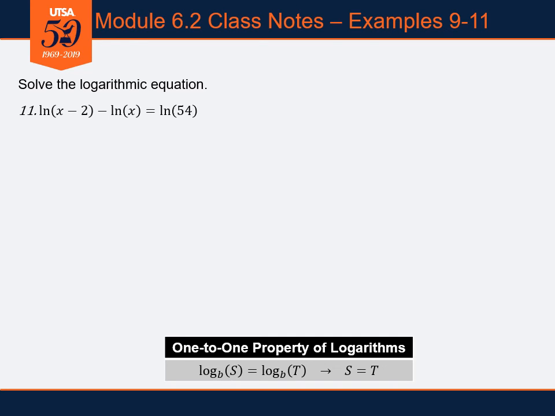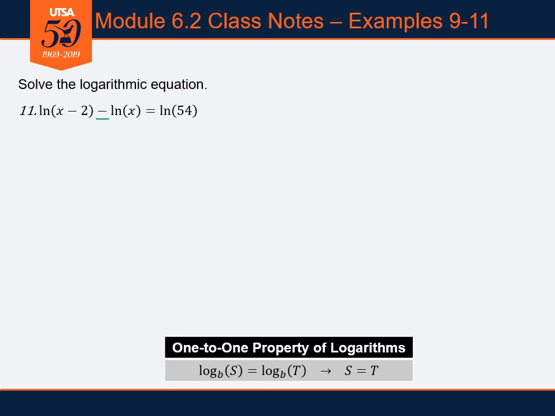We've got the natural log of x minus 2 minus the natural log of x equals the natural log of 54. And our one-to-one property only works if you've got a single logarithm equal to a single logarithm, not a difference of two logarithms like this.